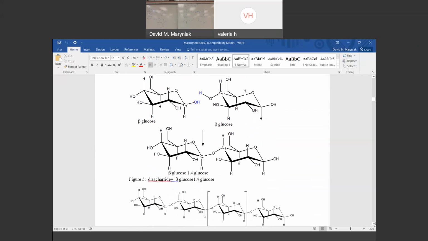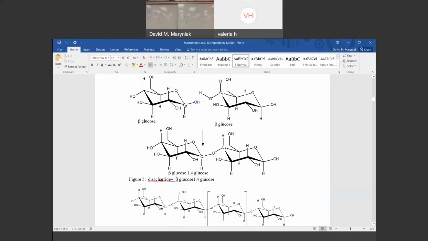In this example, are we just linking two glucoses together? And in this example, is this hemiacetal version alpha or beta? Beta. And what makes it beta? The fact that the OH goes up relative to the H. Up. So now when we dehydrate, I'm not connecting from 1 to 2.